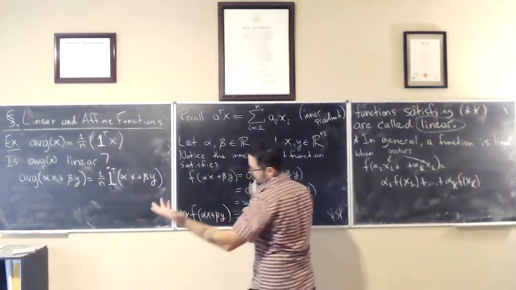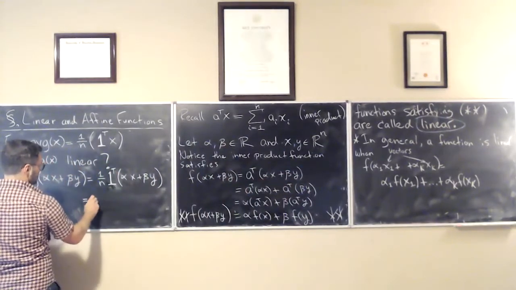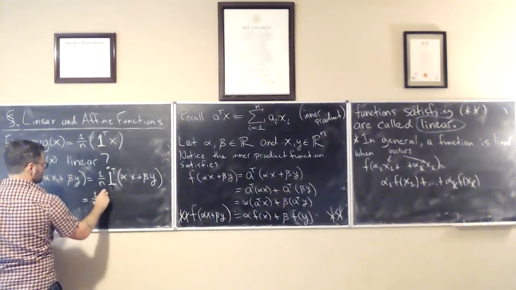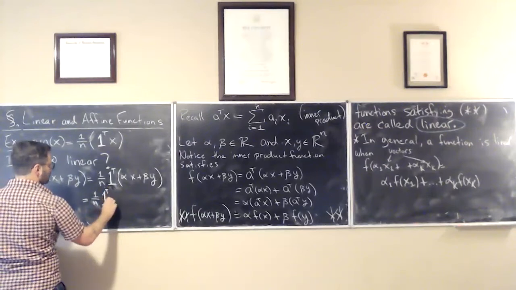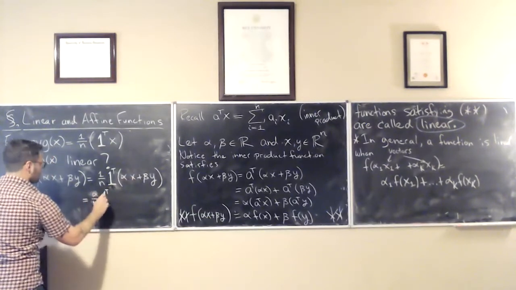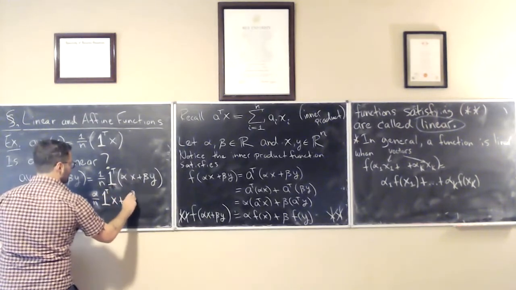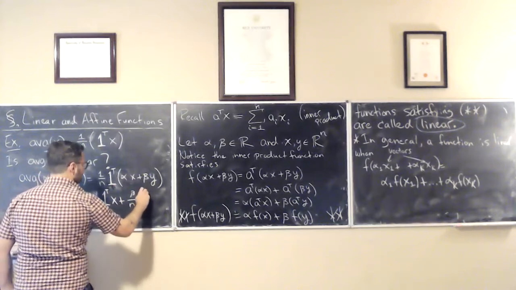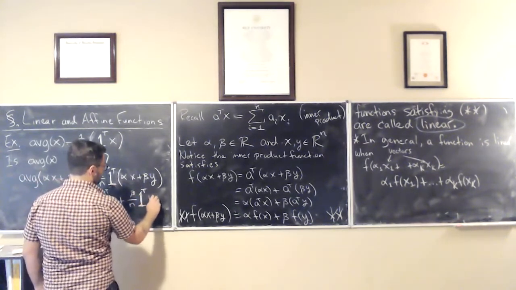So, okay, and we know that this is distributive, so this is going to be 1 over n, 1 vector times alpha x. So I'm just going to move the alpha right here because I'm running out of room. Plus beta over n, 1 vector. Oh yeah, it's definitely here, right?